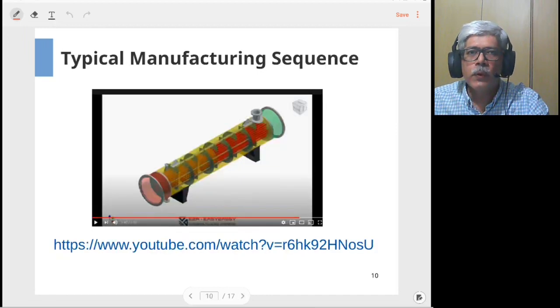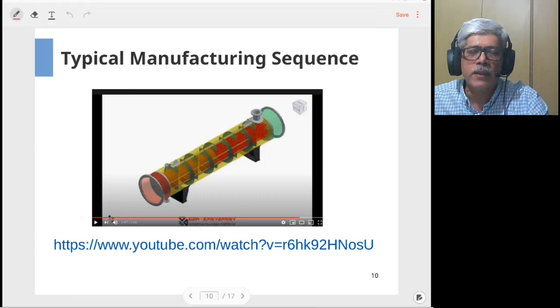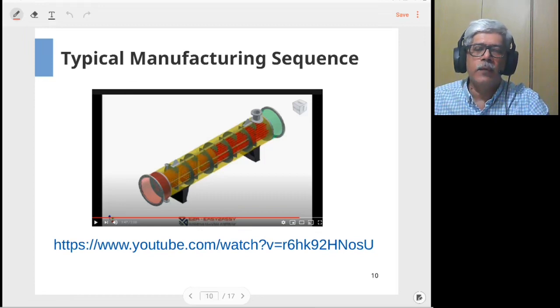Before we go into design of the heat exchanger, let's have a look at how the manufacturing of a heat exchanger takes place, the manufacturing sequence. That gives you an idea of what considerations you should have as a designer, because the design has to be made so that it is possible to manufacture it in a simple manner.